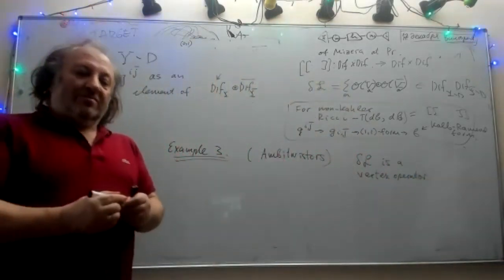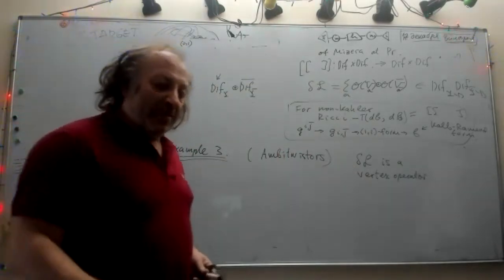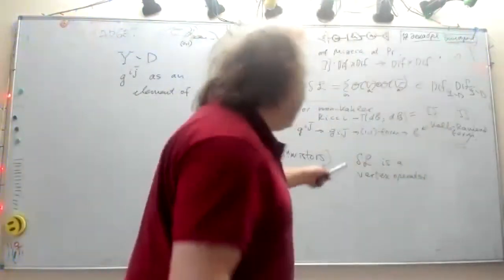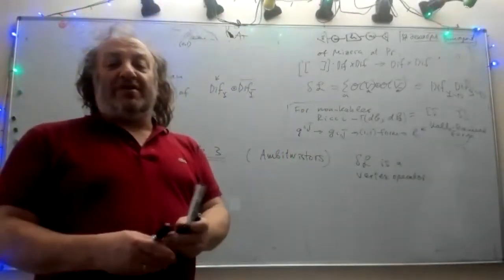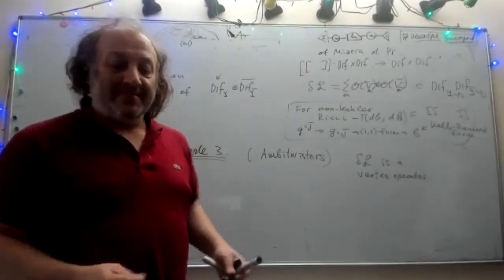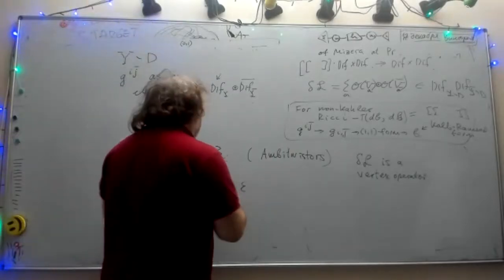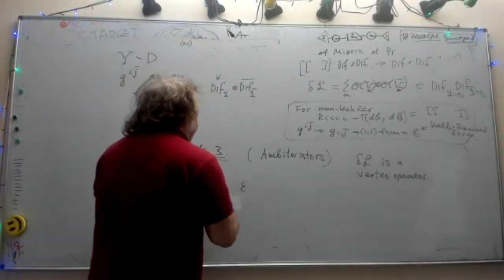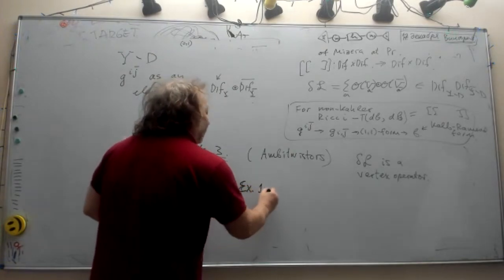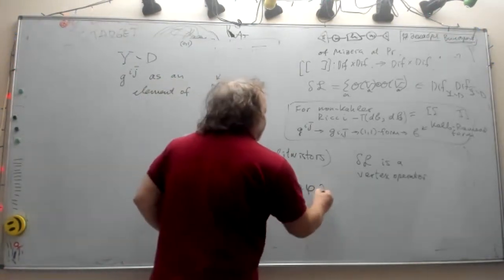So now, one may ask, when I say vertex operators, why am I not studying the vertex operators of bosonic strings? Okay? So once again, example 1, I studied something like this.